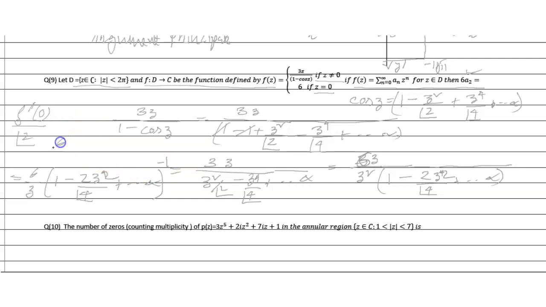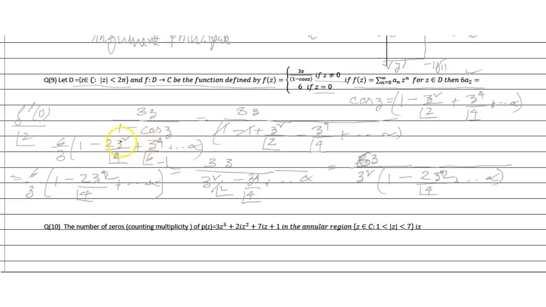I apply the formula 6 by z times 1 minus 2 z square by 4 factorial plus z to the power 4 divided by 6 factorial, up to infinity.